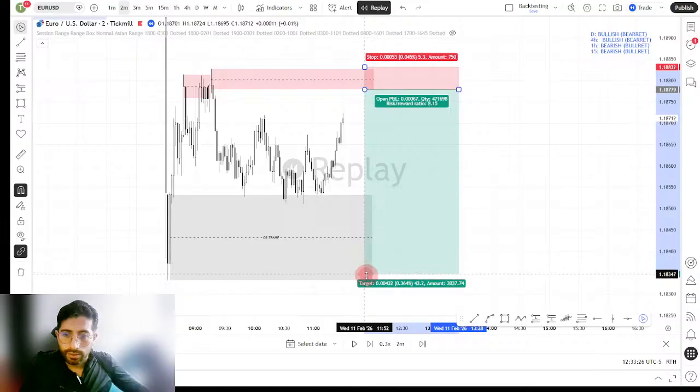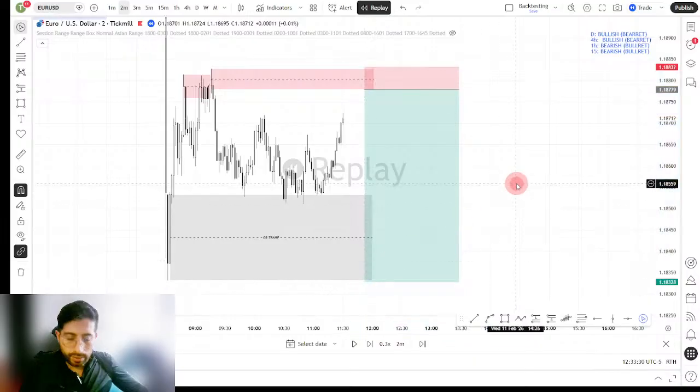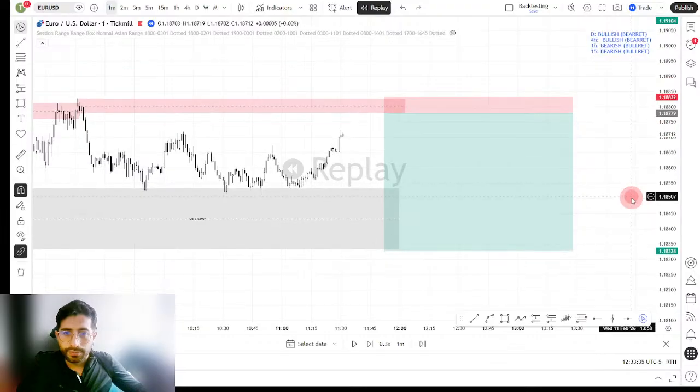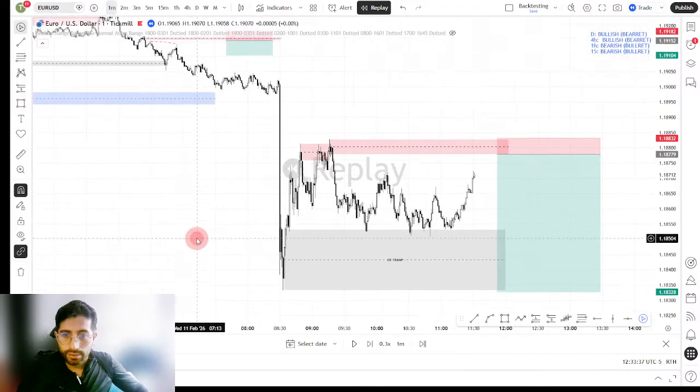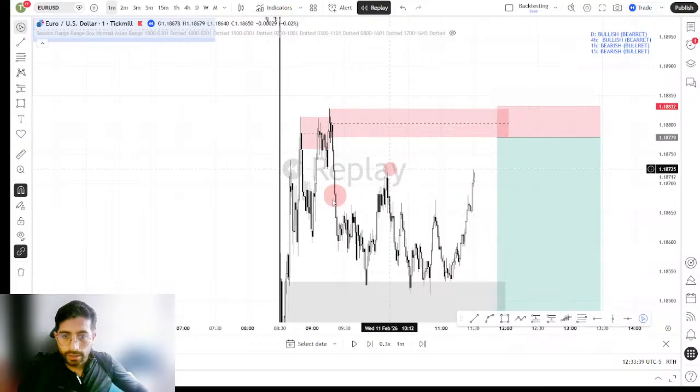Oh no, not that much. 9 pips. All right, let's see what actually happens with this order. This is a booster order we put in here. Great.